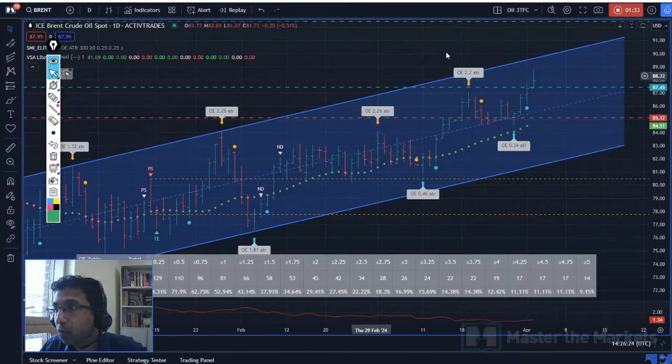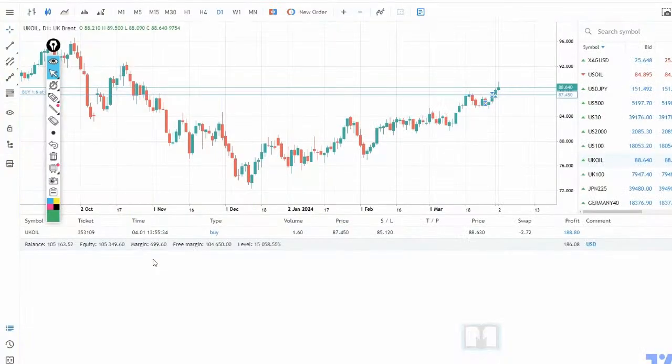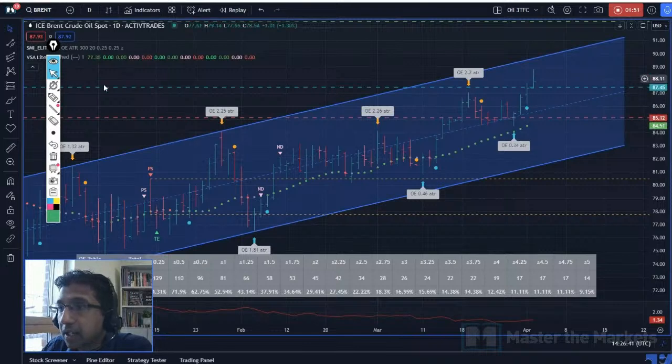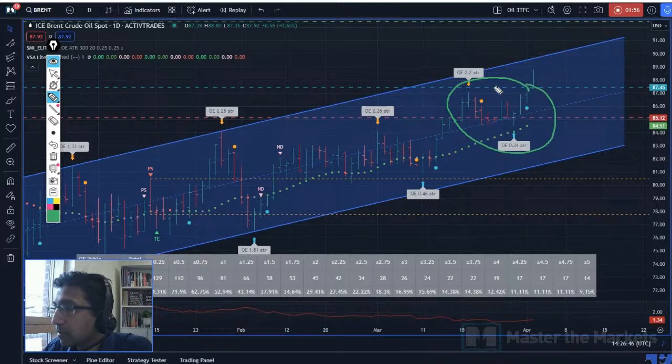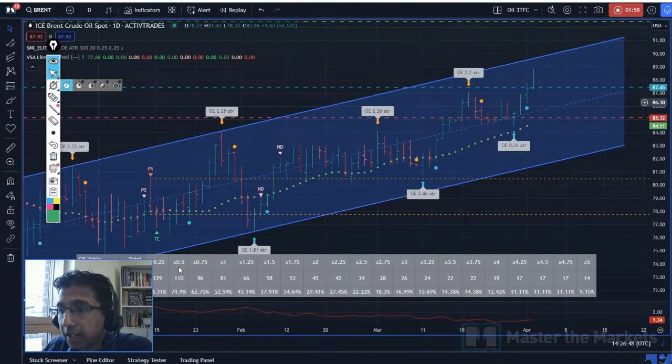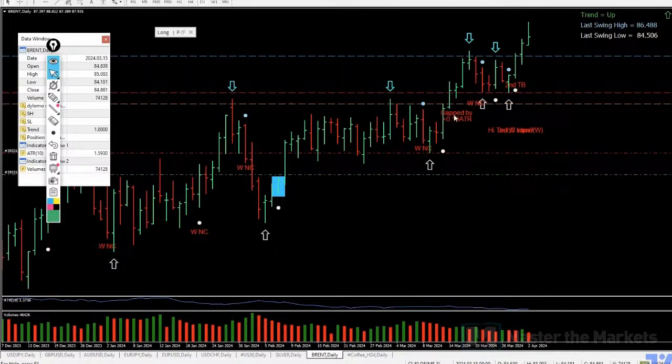Now, why didn't we take this particular trade at the full amount of 1% risk? Because we actually took this at 0.25% rather than a full standard 1% of the account risk. The reason is that this data over here is not showing the actual consolidation, but when I take a look at another broker's data over here, the framework showed a different pattern, which is basically the compression here, right?